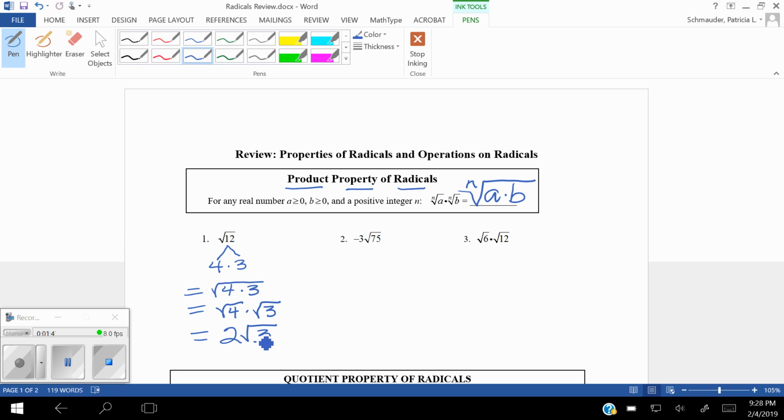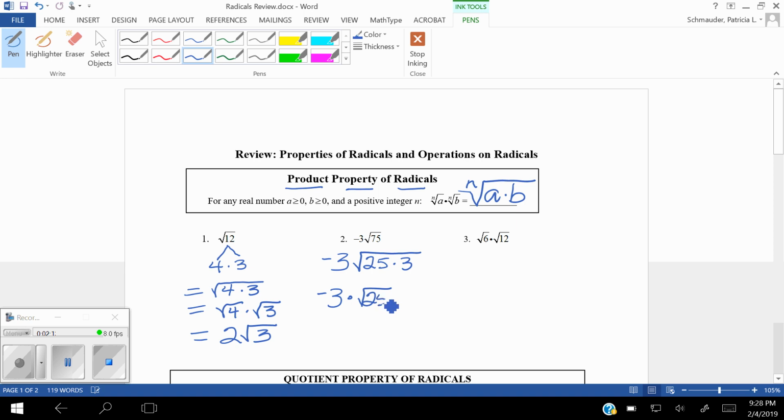So let's take a look at this next one. Negative 3, there's nothing we can do there, but let's think about 75. What is the largest perfect square we have in 75? Well, that would be 25, because 75 is 25 times 3. So then we can split that up by doing kind of the reverse of what the product property says.